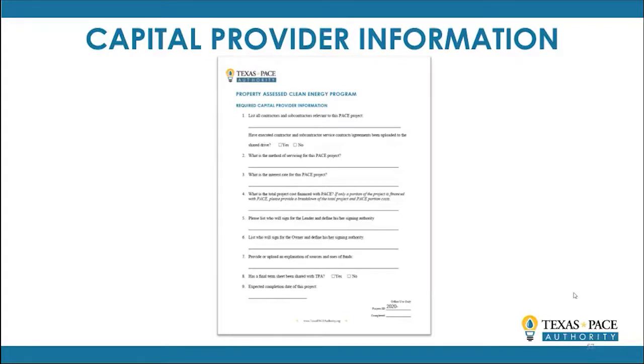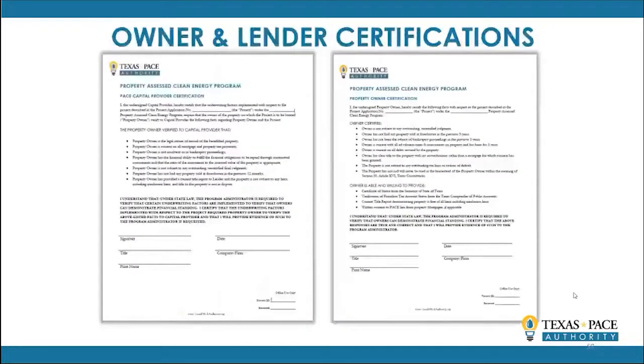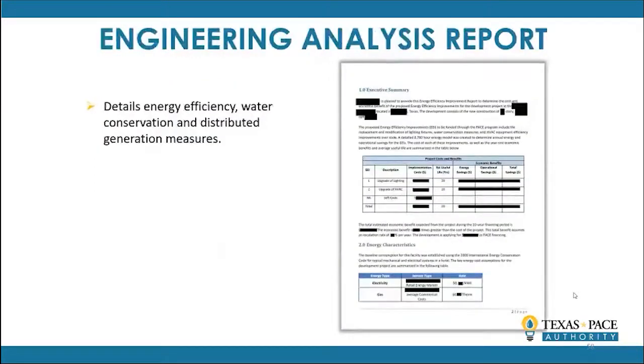We're just asking for it on one form. And the owner and lender certifications are also pretty straightforward. These are documents where the owner and lender each certify that they are who they say they are, and that they are able to comply with the program requirements.